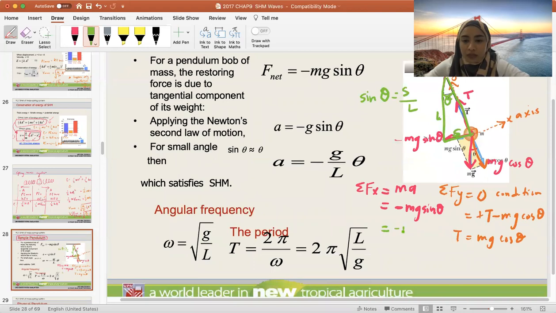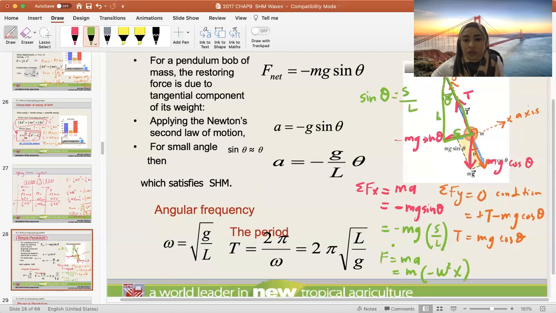So now it becomes minus mg S over L. And I know for a simple harmonic motion, we have derived earlier that F equals to ma, where a is equal to minus omega squared x, right?